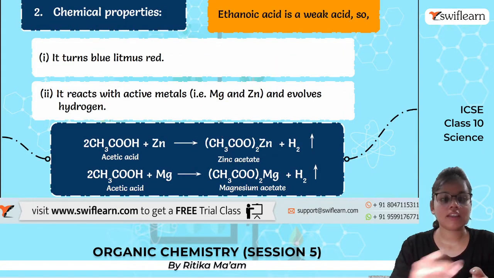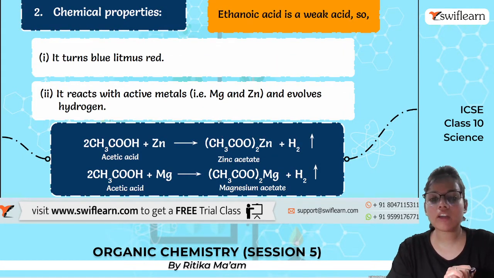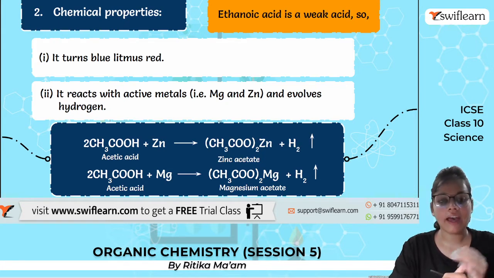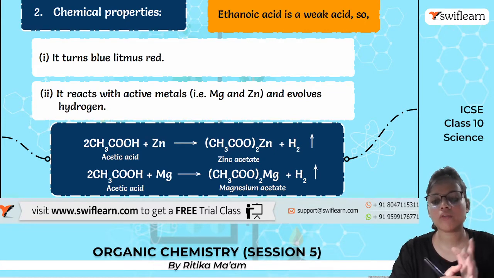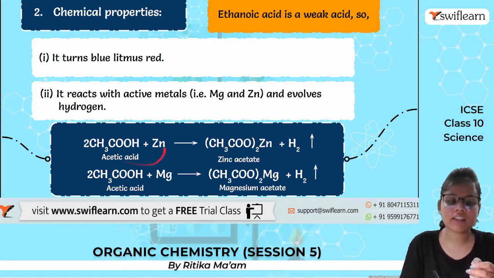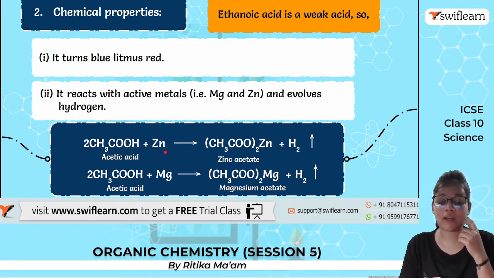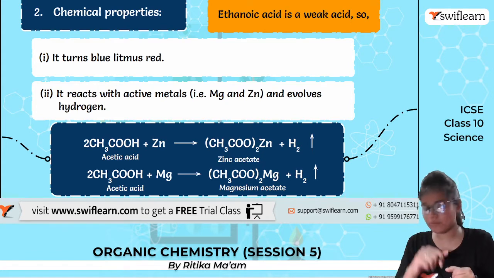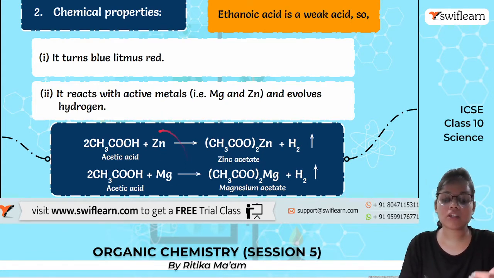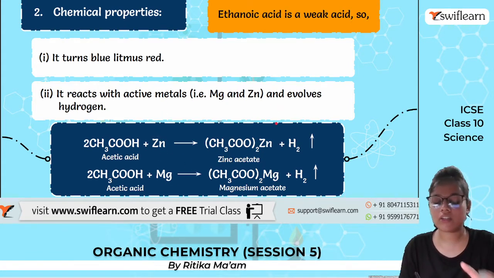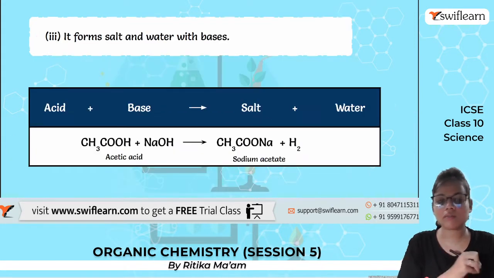Okay. Next, chemical properties. Ethanoic acid is a weak acid and it turns blue litmus red. Second, since it is an acid, it reacts with metals to evolve hydrogen gas. So when acetic acid reacts with active metals like magnesium or zinc, it evolves hydrogen gas.